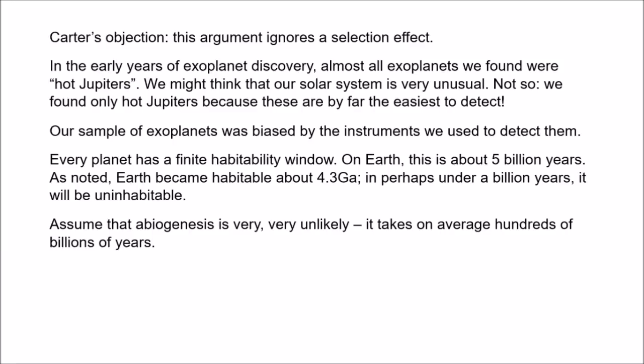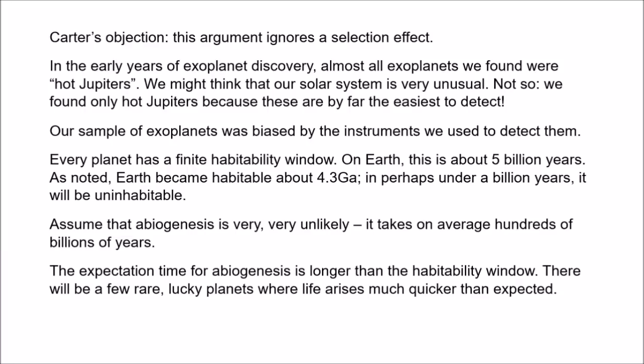Now, of course, due to the finite habitability window, this is just a way of saying that on the vast majority of habitable planets, life will fail to arise. The expectation time for life to arise is much longer than the habitability window. So there will only be a few lucky planets where life just happens, just by luck, to arise much quicker than average.